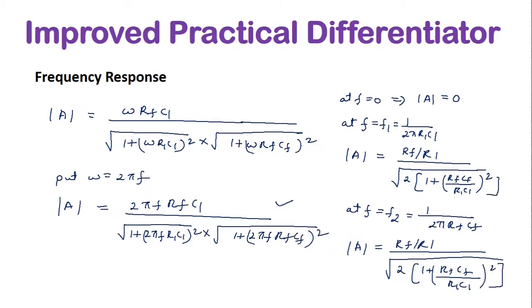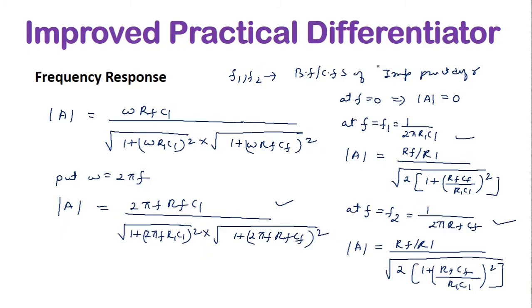So this is the equation of gains we are getting at frequency f is equal to f1 and at frequency f is equal to f2. These frequencies f1 and f2 are called break frequencies or corner frequencies of the improved practical differentiator. So this improved practical differentiator has two break frequencies f1 and f2.